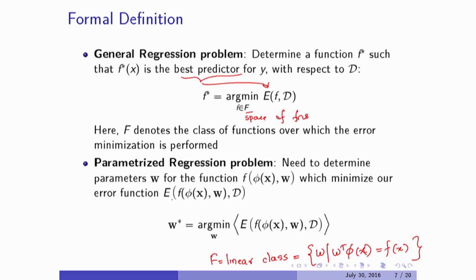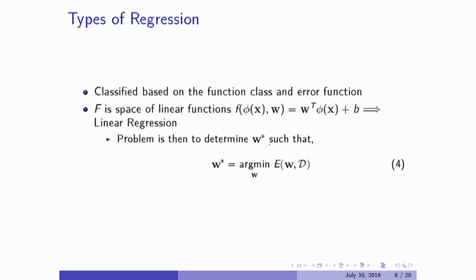A small note here, as far as linear regression is concerned, we might switch between the use of a bias in the linear function, and often we might even just drop that bias. So in the most general setting, we have a linear function f of phi of x, w as w transpose phi of x plus b, and as I pointed out, we could drop the b. How do we do that?